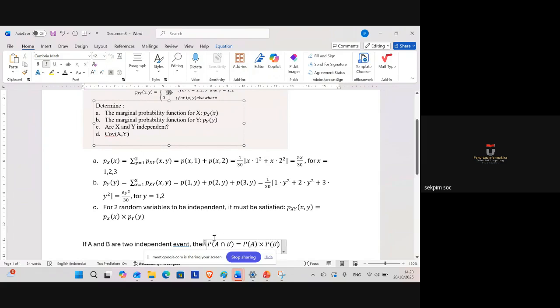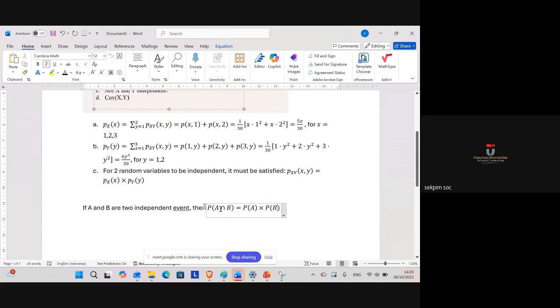This is a similar thing to what you know before when we saw the event as a set, so it's also satisfied in the context of random variables, I mean.